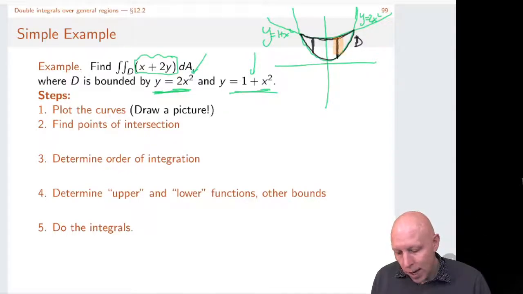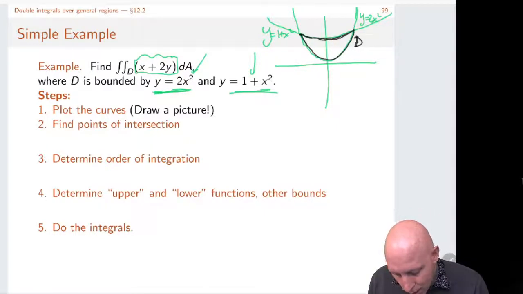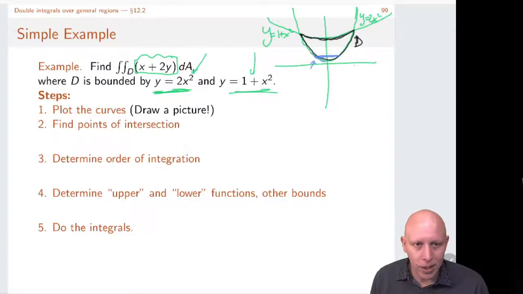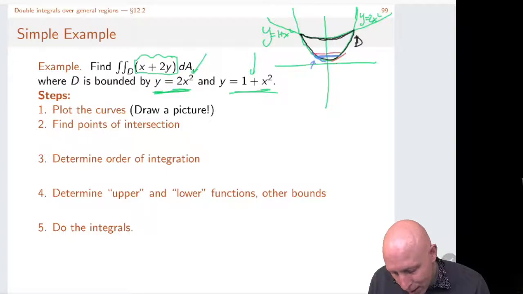Let's consider what would happen if we tried to slice horizontally. Well, down here we do have this side of the parabola as my lower function and this side of the parabola as my upper function. Let me make those also blue.